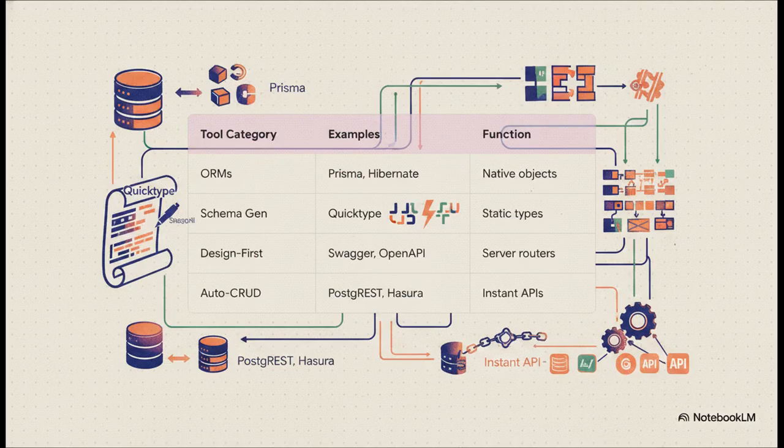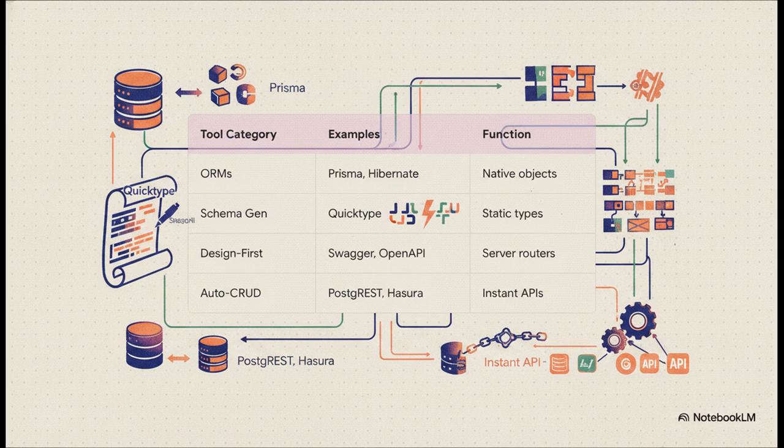Let's quickly distill the specific functions of these 4 tool categories, paying attention to how they accelerate development. First up, object relational mapping, or ORMs, like Prisma or Hibernate. These rapidly abstract away raw database queries, converting your tables directly into native code objects. Next, we use schema generators like QuickType to completely automate code compilation, instantly translating JSON schemas into static types.